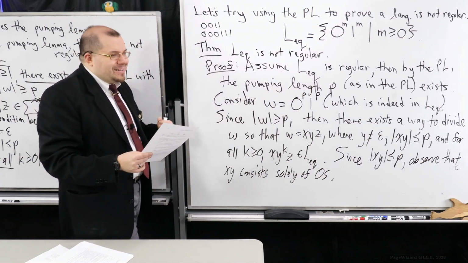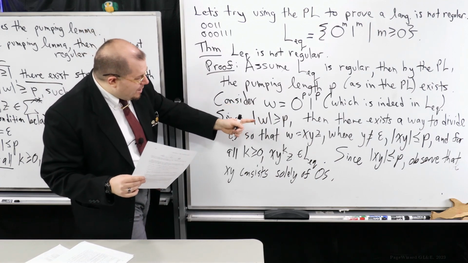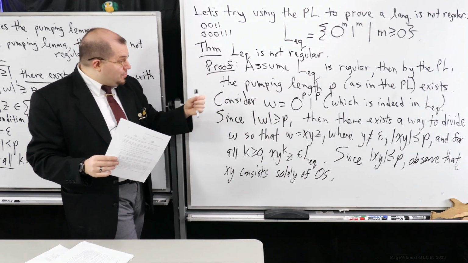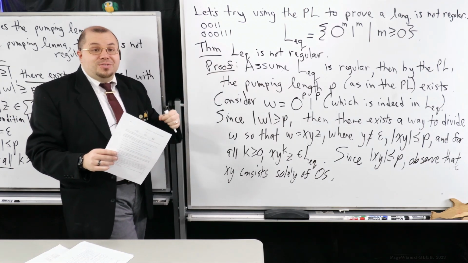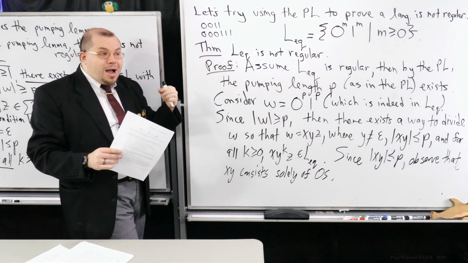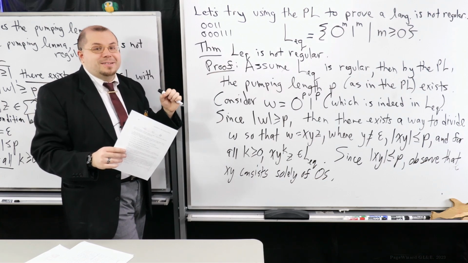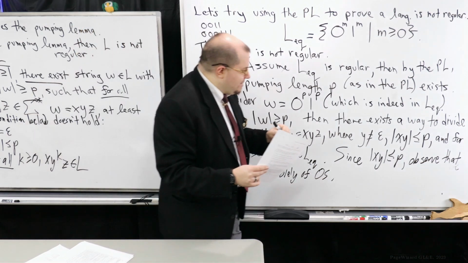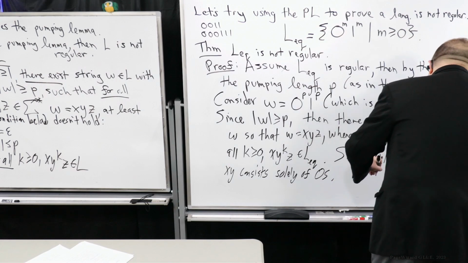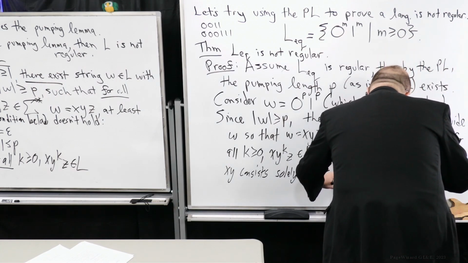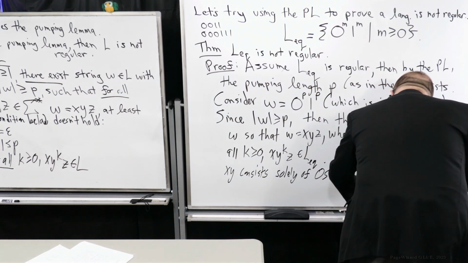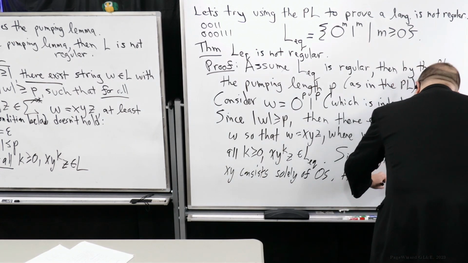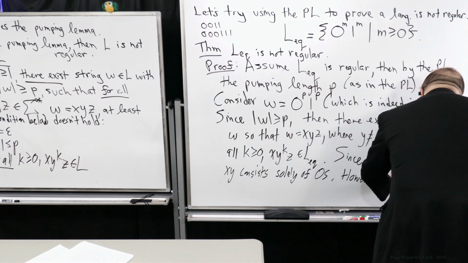So what does that mean? Well, if I also know that y, at least under our assumption that it's regular, has to be non-empty, right? So y actually consists of at least one symbol. So this is how we're going to exploit this. Check this out. The length of y is at least 1.